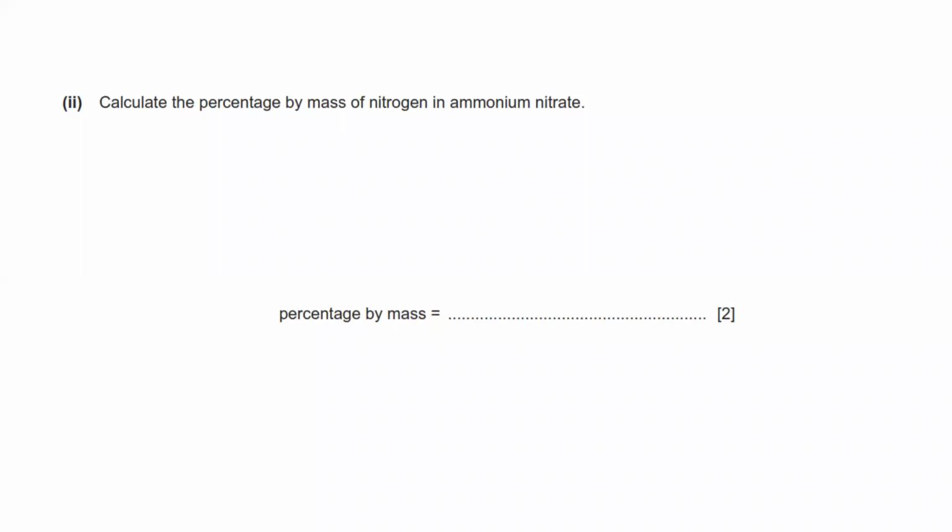Then it says calculate the percentage mass of nitrogen in ammonium nitrate. NH4NO3 is the formula. So calculate Mr. Molecular mass of nitrogen is 14, hydrogen 4 multiplied by 1, plus again nitrogen 14 plus 16 into 3 for oxygen. Overall it becomes 80.